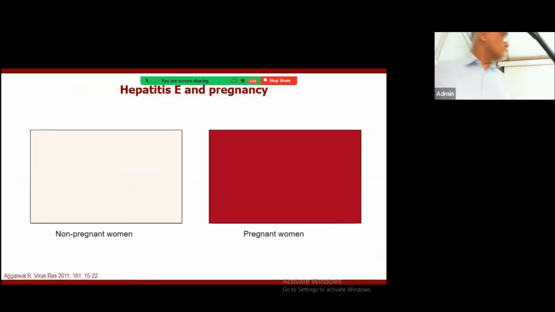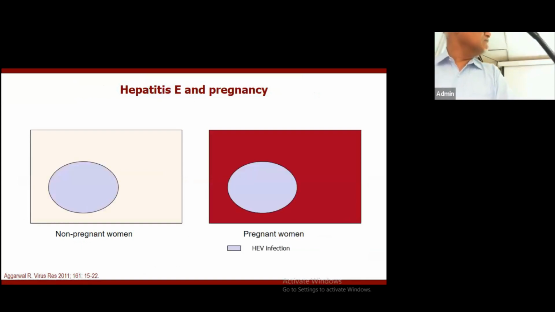So if we look at the left box as a group of men or of non-pregnant women, and on the right, the box represents a group of pregnant women, infection, whether it occurs more or not, we don't know, but possibly is equally common in both.